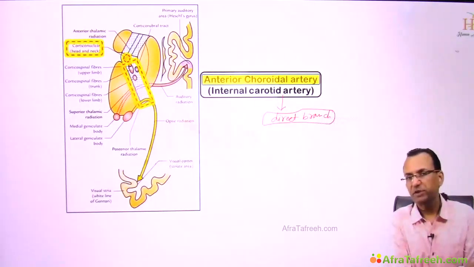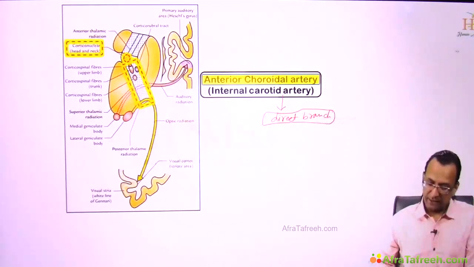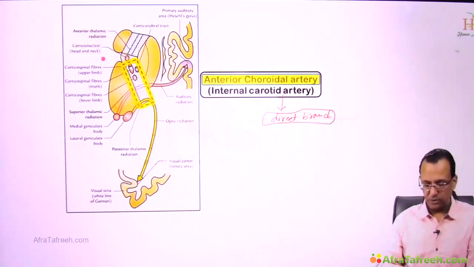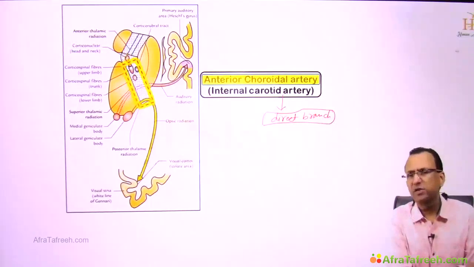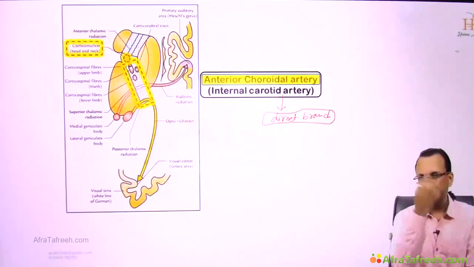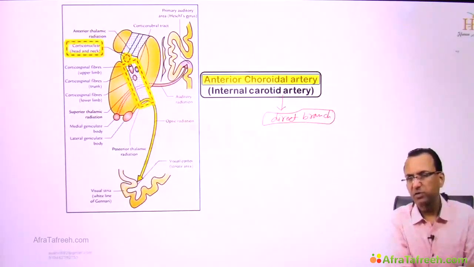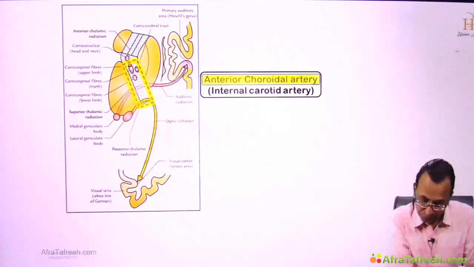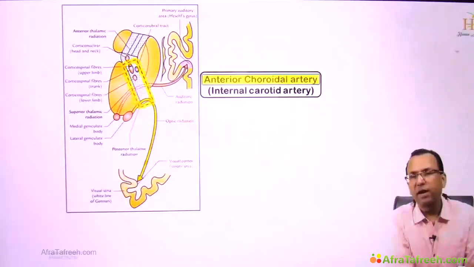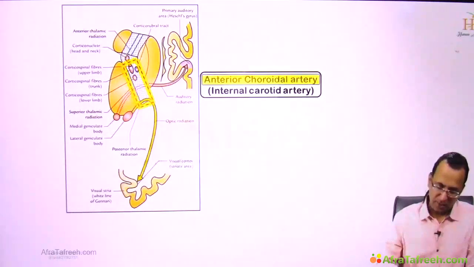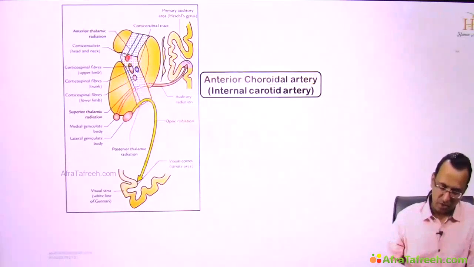Since internal carotid artery gave a direct branch towards the genu of the internal capsule, the corticonuclear tract is working. There is no sensory motor loss on the face, but it is restricted to lower body, which could be upper limb, trunk and lower limb, depending on whether the anterior area or posterior area is involved.